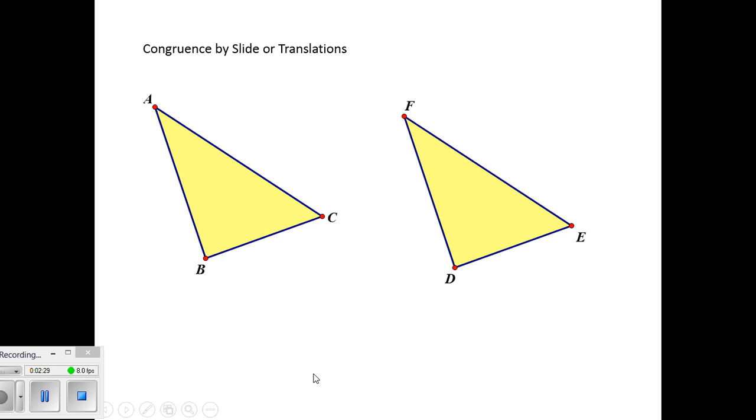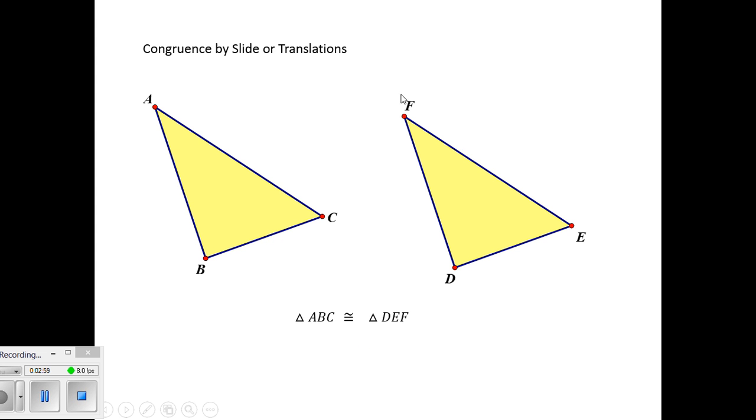Now, there are a couple of different ways of getting congruent polygons, whether triangles or other polygons. There's the slide, which we'll illustrate with Sketchpad. Regardless, the triangles ABC and DEF are congruent, meaning side AB is congruent to side DE, and side BC is congruent as well.